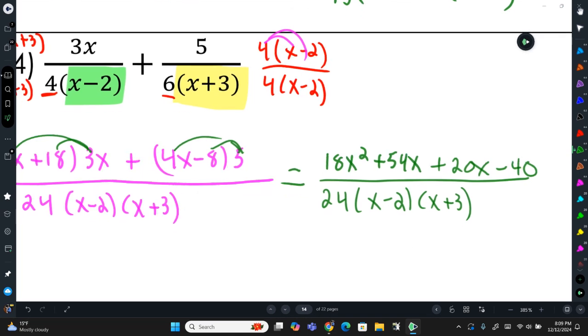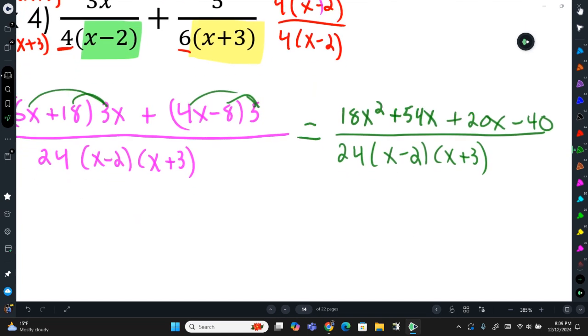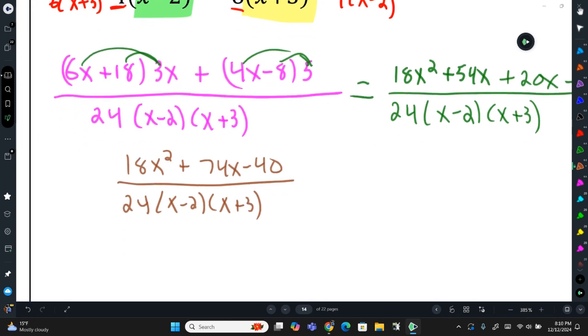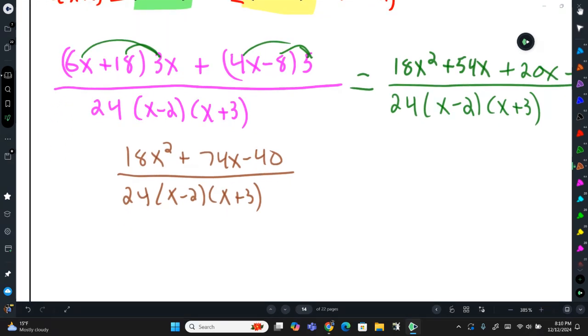So now in the numerator we have 18x squared plus 54 plus 20 is 74x minus 40 all over 24 times x minus 2 times x plus 3. Now before I try to factor that numerator, I'm going to at least factor out a 2.